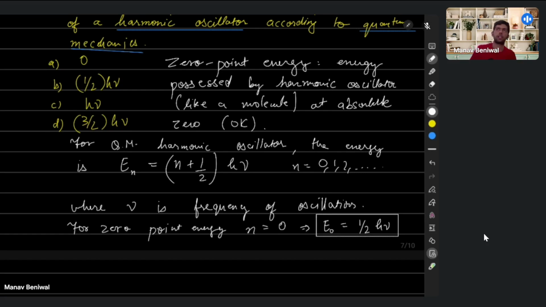At higher temperatures, when we go into the classical regime, we know that temperature is why our molecules vibrate, right? It is the thermal energy which makes them vibrate. But even at absolute zero, we have some finite oscillations. They are very small, very tiny, but they are there and they come because of quantum mechanics.